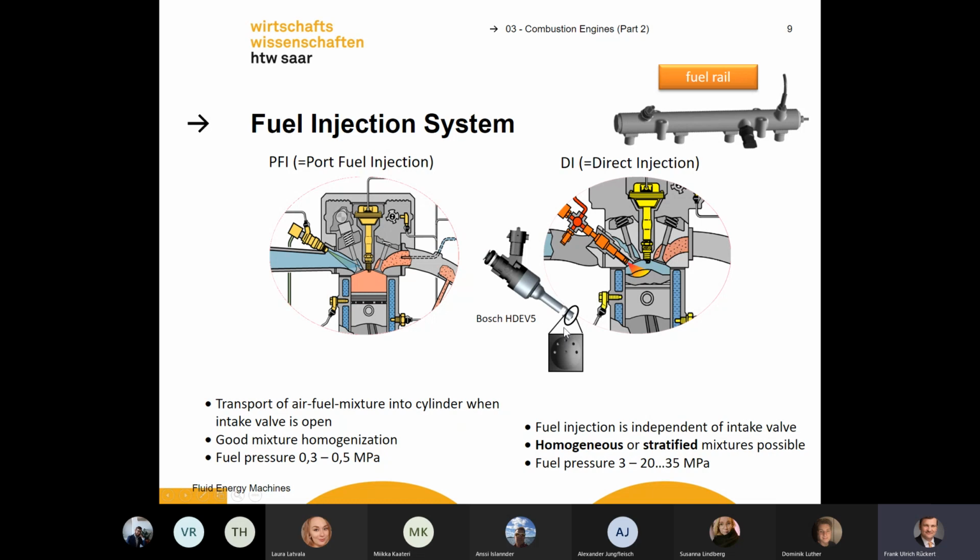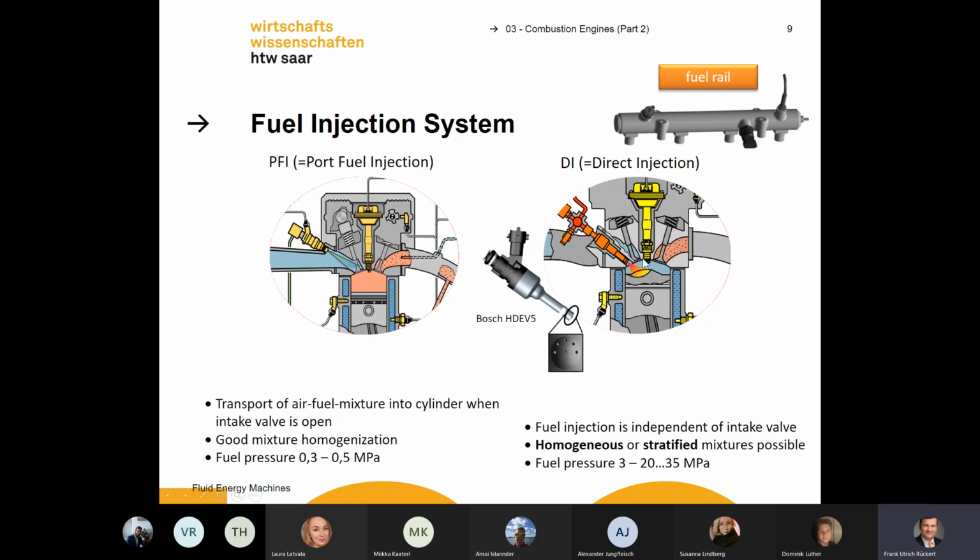And this was a product I have designed at Bosch. It's a HDEV5 valve. And you see here some complicated spray hole pattern. You see the different holes, and even inside the holes have different diameters. The holes have different directions. So you try to design a spray for your piston.